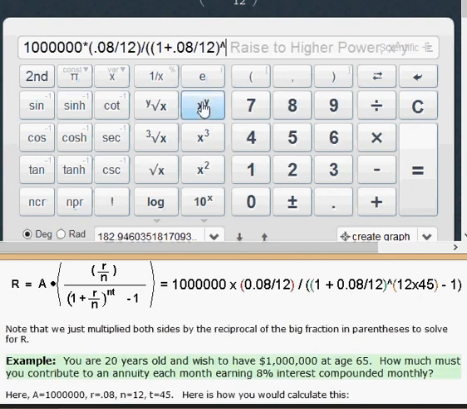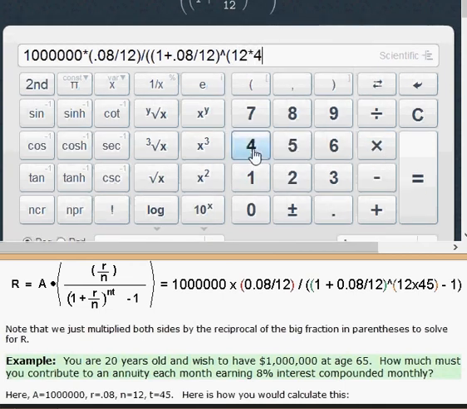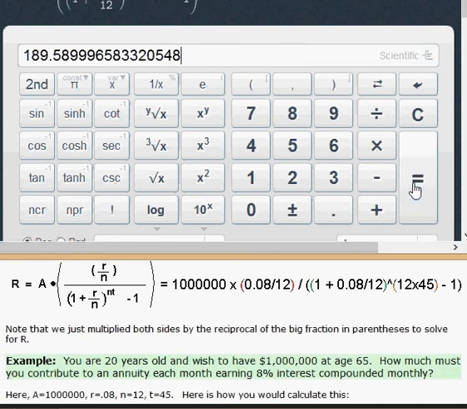Okay, we use the power key, raise it to the parentheses 12 times 45 right parentheses, and then minus 1, and then we need one last parentheses, and then equals to evaluate, and I get my answer $189.59, and that's the correct answer.